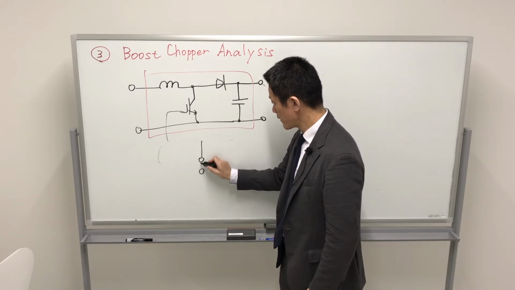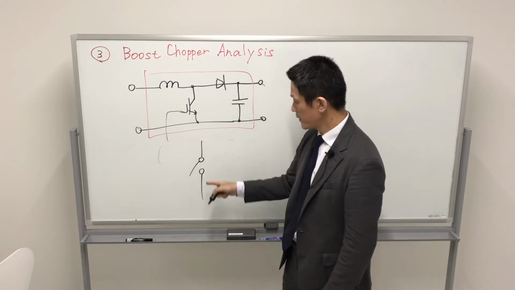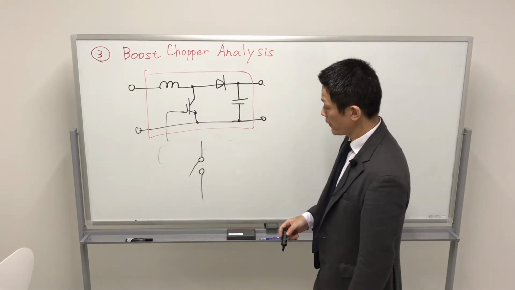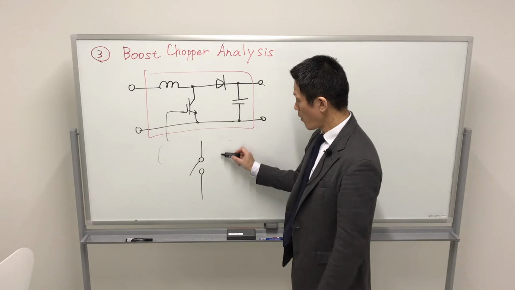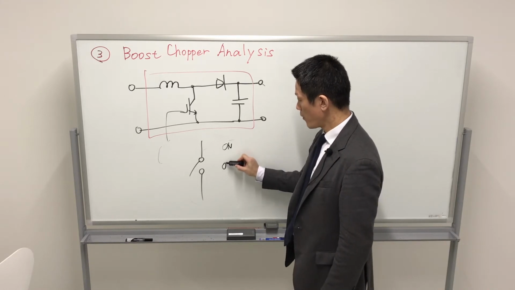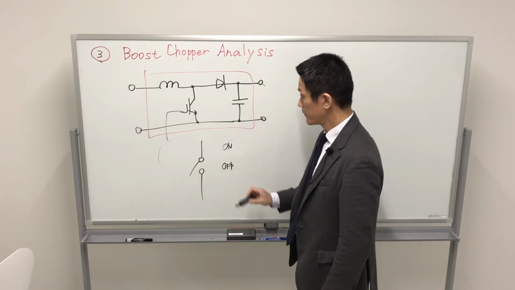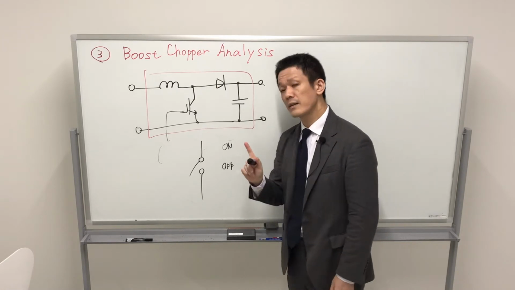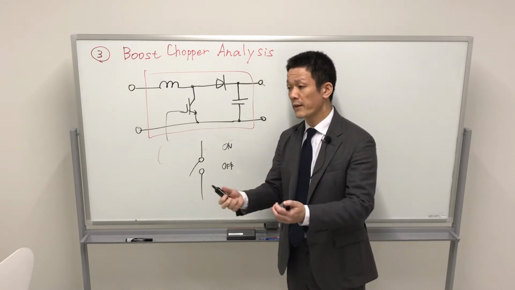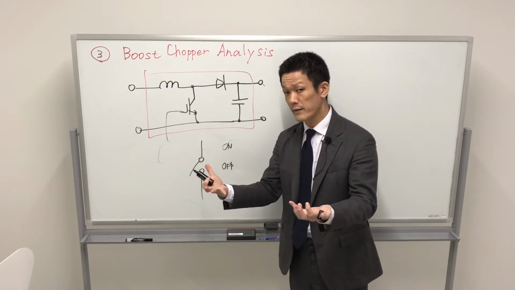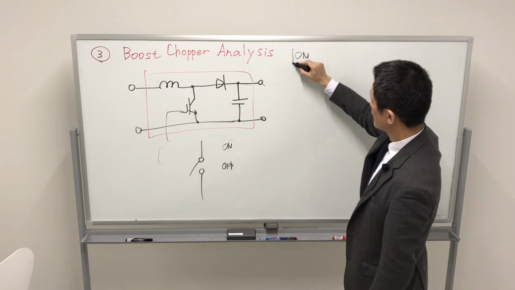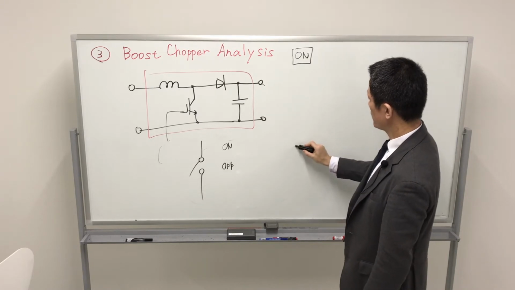For the ideal analysis, we can see it as a switch. This switch is very simple: on or off. So this circuit analysis is divided into only two analyses. One is the on, one is the off.